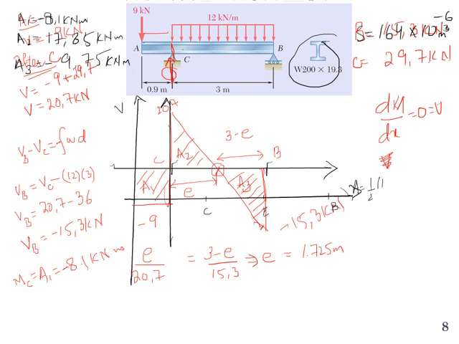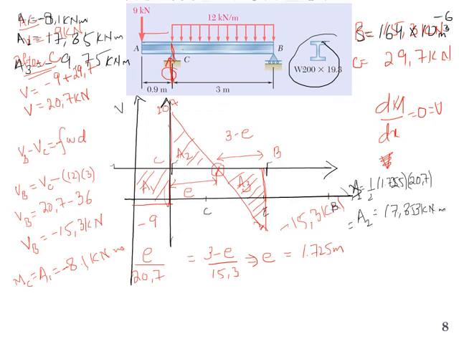The base is 1.725 multiplied by 20.7, and it's a positive value. So let me write this is A2, and if I calculate, that will become 17.853 kilonewton meter.